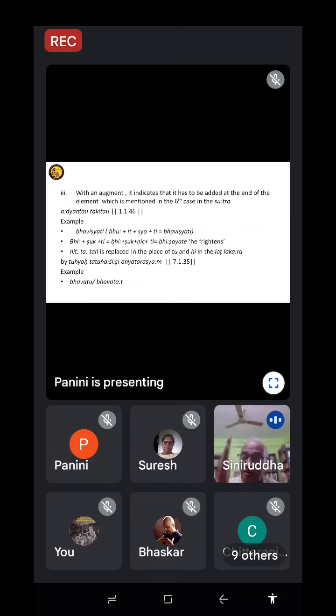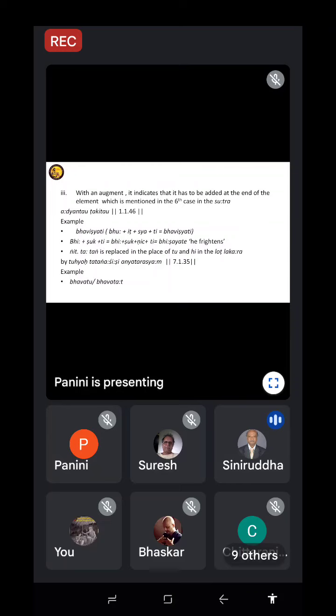If you have marked in all the 2000 roots, whenever you use the suffixes, suffixes are identified, they are classified. Suffixes are classified into sarvadhatuka and ardhadhatuka. That I will explain to you.